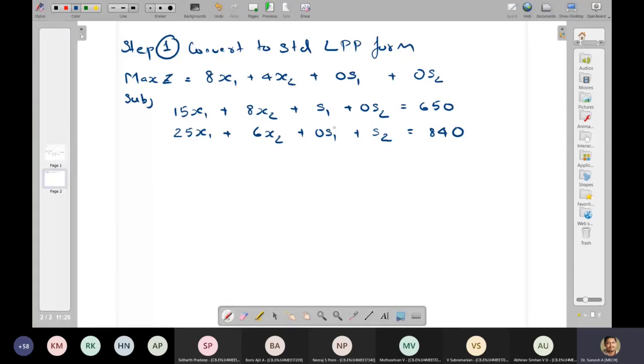So it means this S1 is present in the second equation. Similarly, S2 is also present in the first equation. Since the value of it is 0, we are omitting it. But when you write in the standard conditions, it has to be there. Okay, clear?